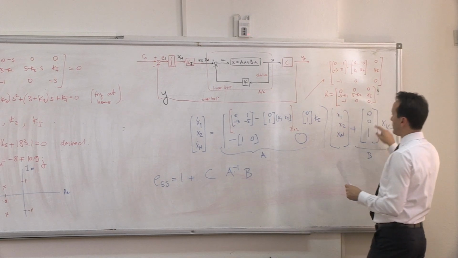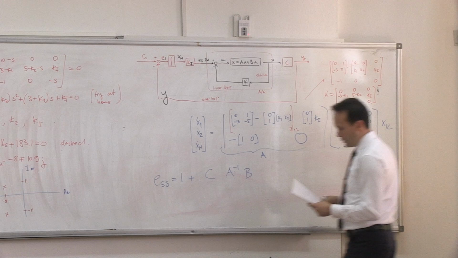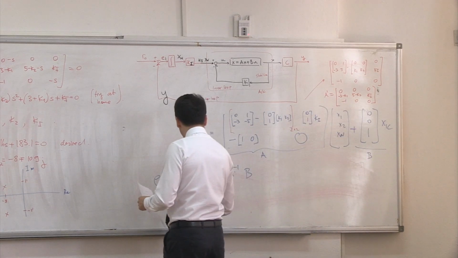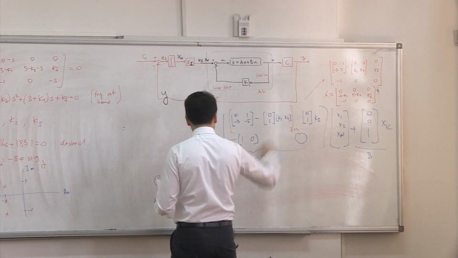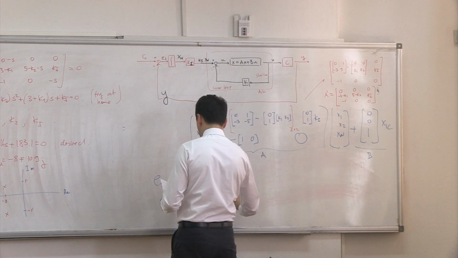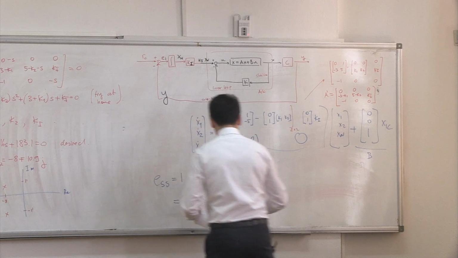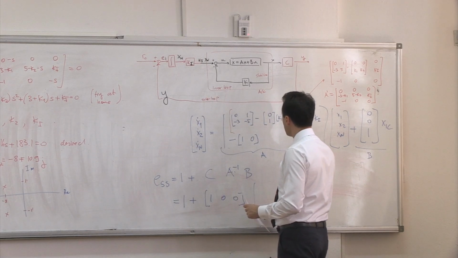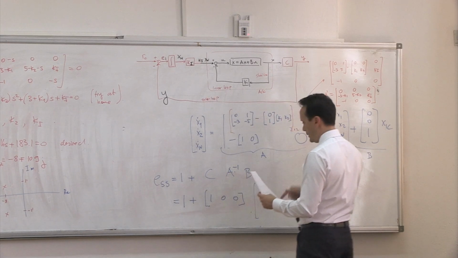I'm missing a 0 over here, by the way. This is 0, 0, 1. So, 1 plus C. C is equal to 1, 0, 0. A is this one now. You just have to plug in these K1s and K2s.